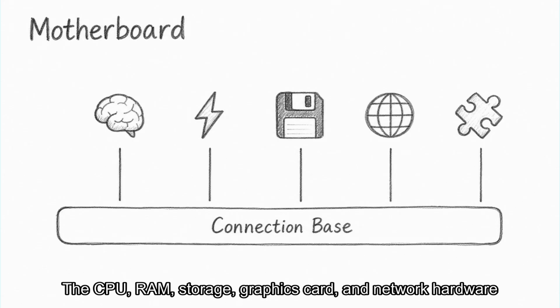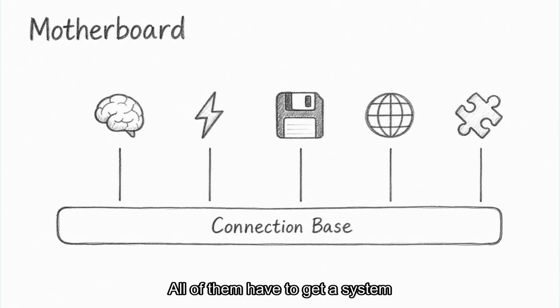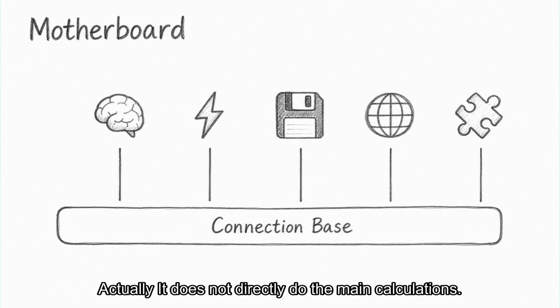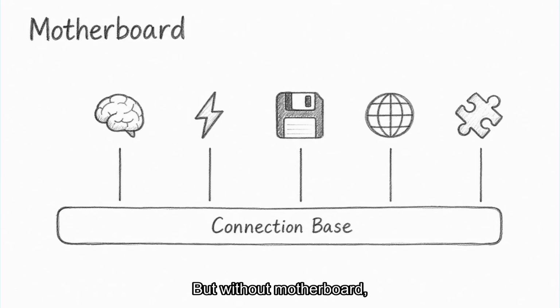The CPU, RAM, storage, graphics card, network hardware, all of them need a system where they communicate with each other. The base structure is the motherboard. Actually, it does not directly do those main calculations, but without the motherboard, the different parts cannot work together. So the motherboard looks the least dramatic, but it's a foundation that supports the whole system.